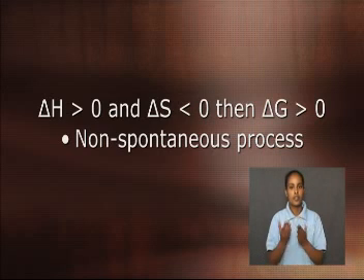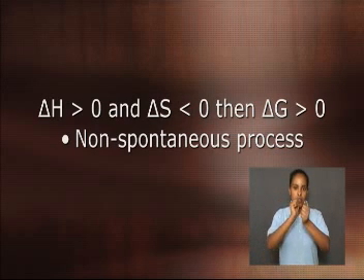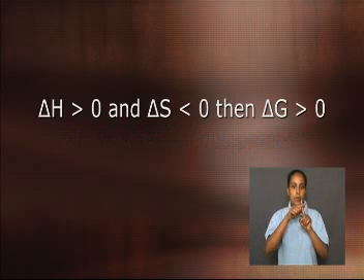If the change in enthalpy is greater than 0 and the change in entropy is less than 0, then the change in Gibbs free energy becomes positive. This creates a non-spontaneous process.